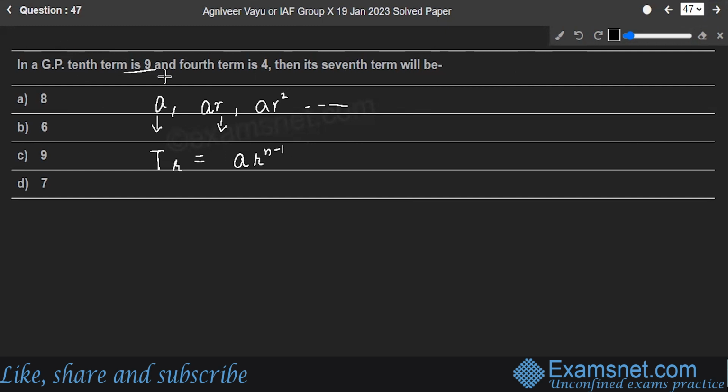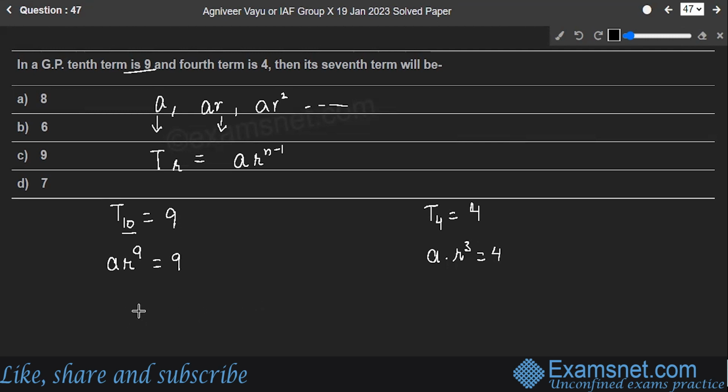We are given the 10th term is 9. So that means T10 is equal to 9 and T4 is equal to 4. So T10 is given by A·R⁹, which is equal to 9, and this is A·R³ is equal to 4. Correct? So I have the two equations.